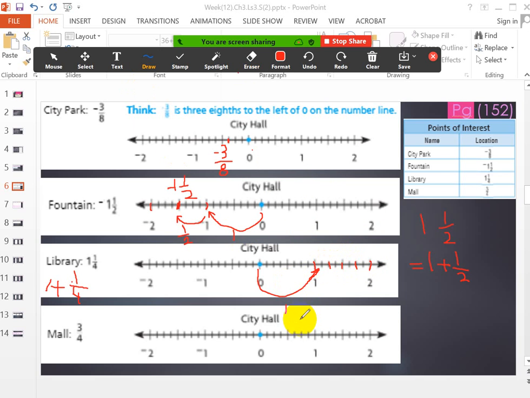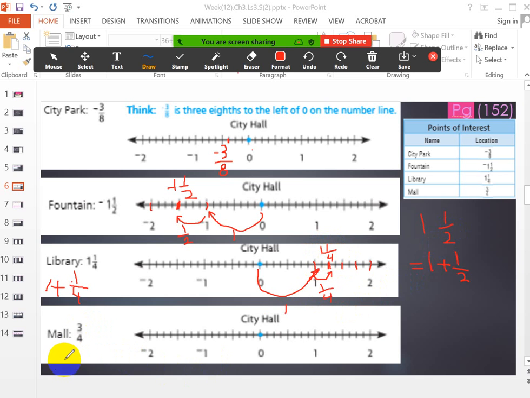What is 1 over 4? You have to move one part of 4 parts. So this number is 1 and 1 over 4.